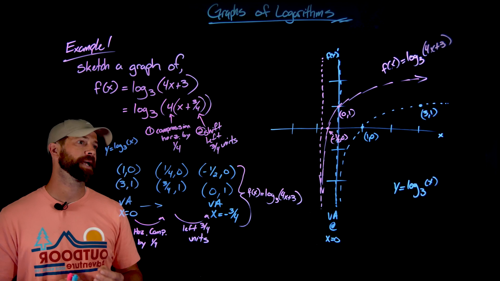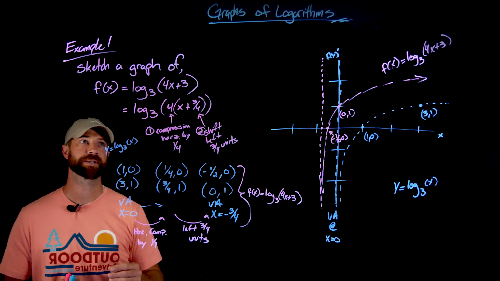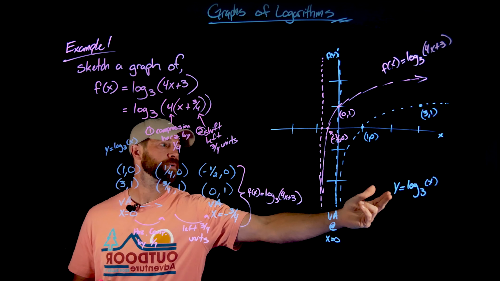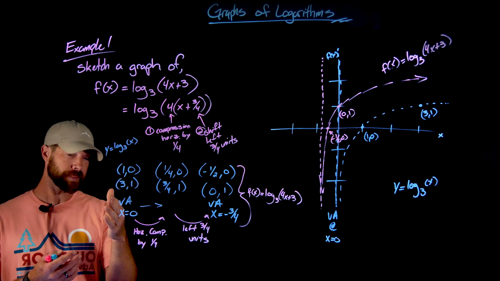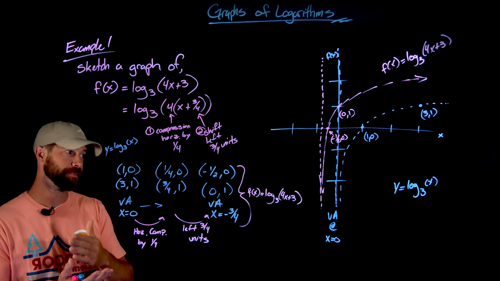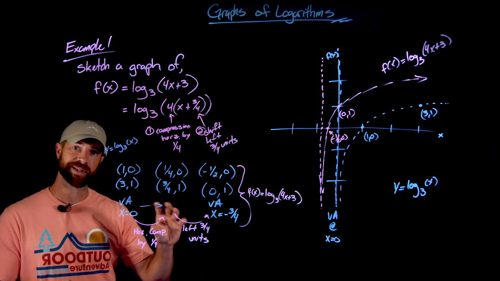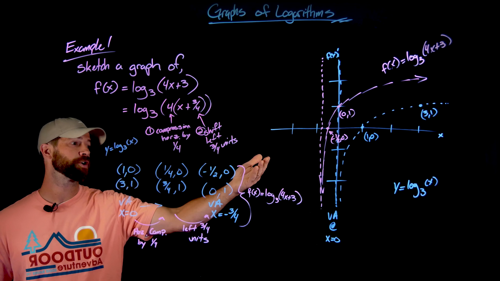Last thing I want to say is about this shift right here and what our new domain is. The original function log base 3 of x had a domain based on its vertical asymptote at 0, so inputs were strictly positive. Well, with this shift left, we can graphically see the domain here.